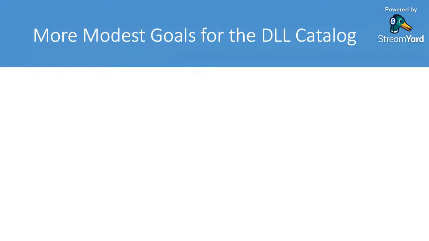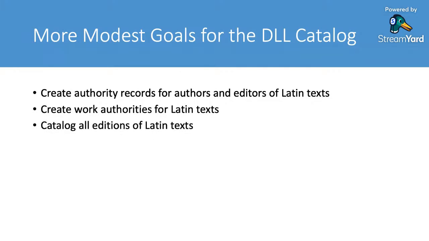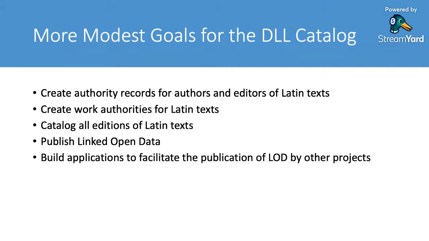So we decided on some more modest goals for the DLL catalog. Rather than being the single point of access that we thought of back in 2012, we've decided to create authority records for authors and editors of Latin texts, create work authorities for Latin texts, catalog all editions of Latin texts, which, okay, that's not such a modest goal, and I'll talk more about that in a moment, and to publish linked open data in as much as we can, and to build applications to facilitate the publication of linked open data by other projects.